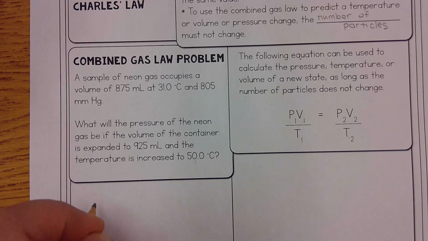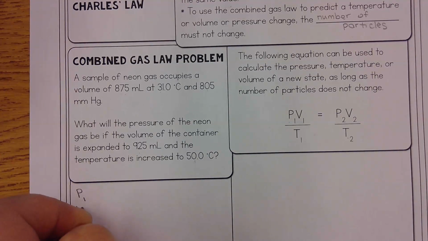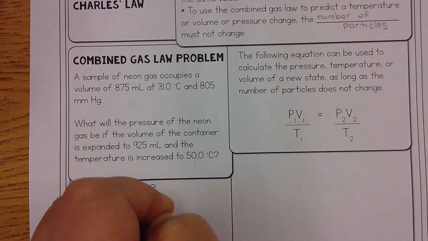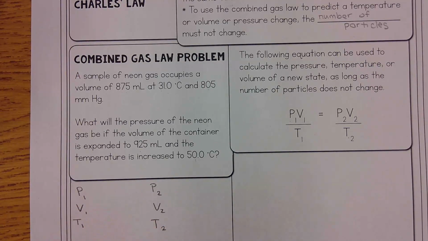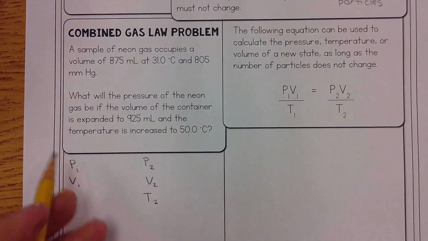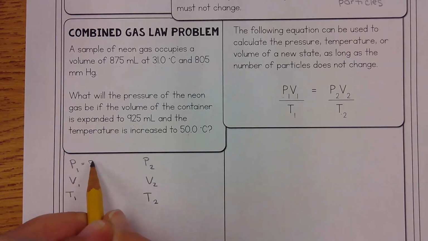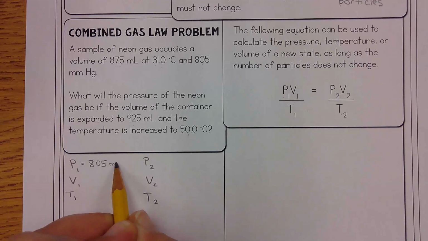This is how I always like to do this, just like I did the other ones. P1, V1, T1, P2, V2, T2. Initial, final. So we just look back to our problem. Our initial pressure, 805 millimeters of mercury.